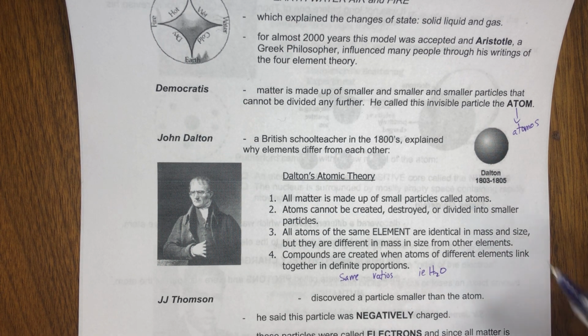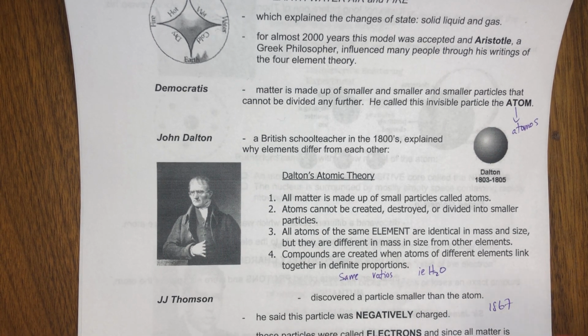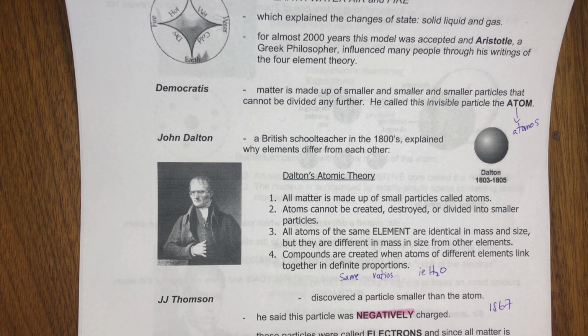In 1867, J.J. Thomson came along and he discovered a particle smaller than the atom. He said this particle was negatively charged, and he called them electrons. And since all matter is made of atoms, the electron has to be part of the atom.